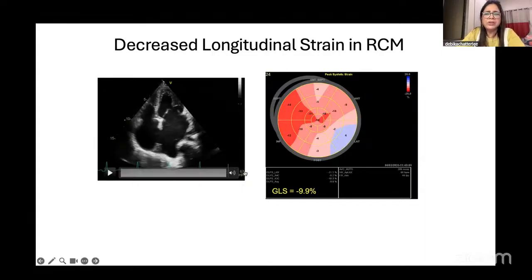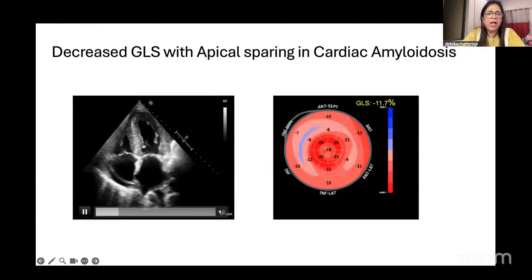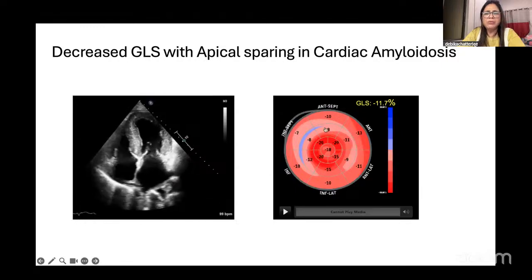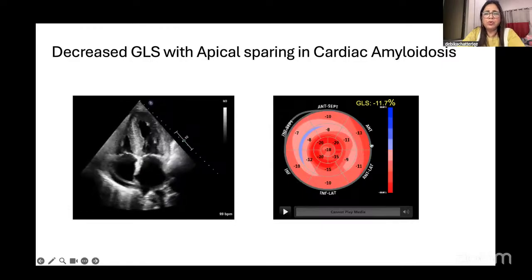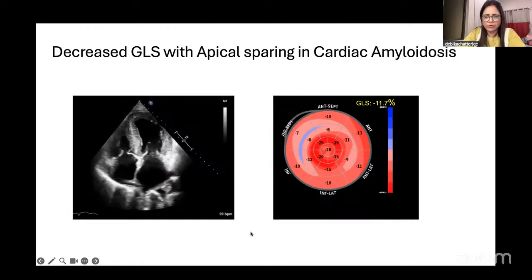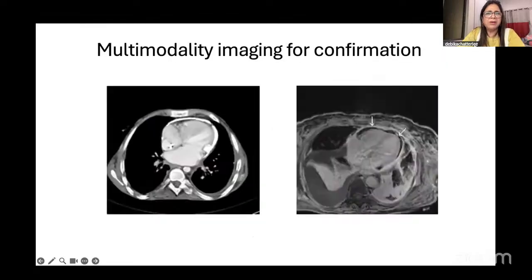In case of restrictive cardiomyopathy, the GLS will be very low. And if you get a case of cardiac amyloidosis, you will get the typical cherry on the top pattern with low GLS. And of course, in the modern era, it is multimodality imaging, from CT and MRI with contrast, which confirms our diagnosis of constrictive pericarditis and restrictive cardiomyopathy.